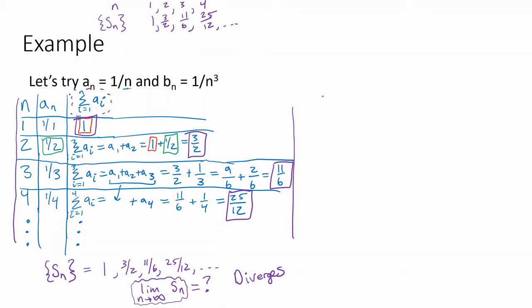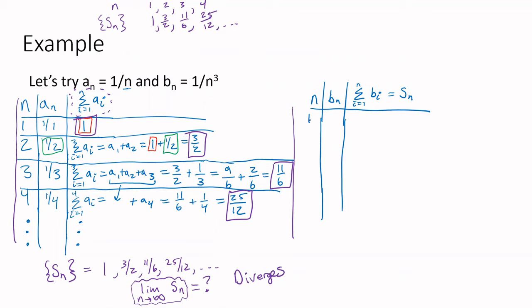Okay, so then let's do the b sub n example. So for b sub n, we've got n, b sub n, and then we're going to have the sum of b sub i, which we're just going to call s sub n. That's our new sequence we're making. So I put 1 here. That's 1 over 1 cubed, but that's just 1.